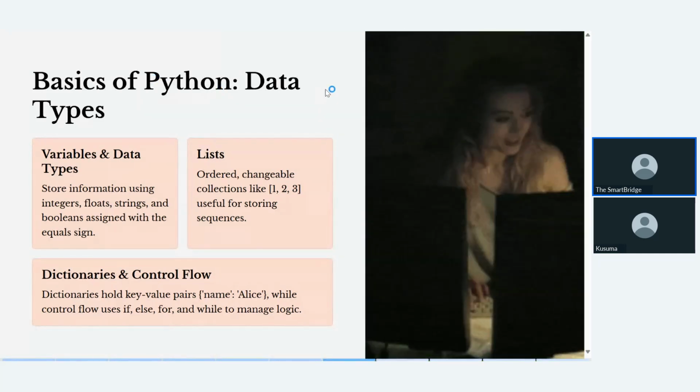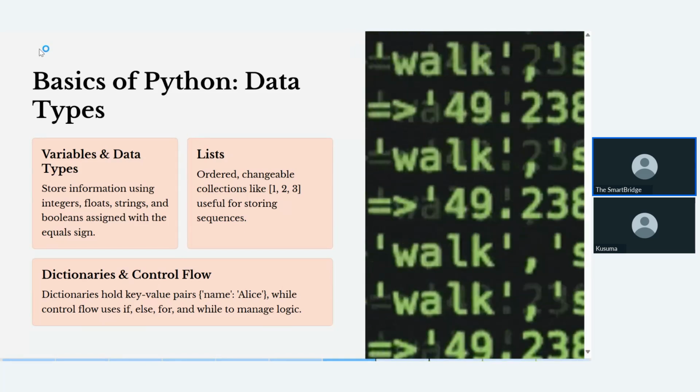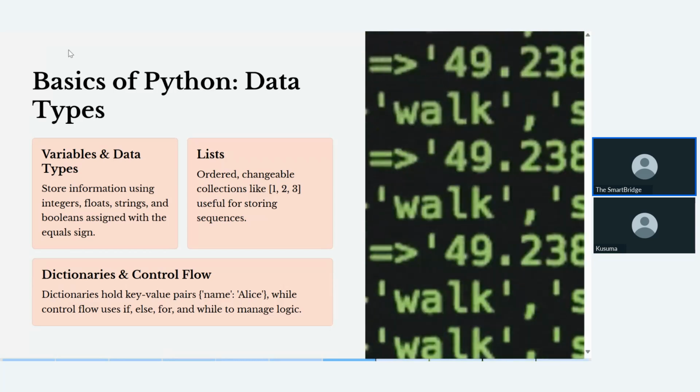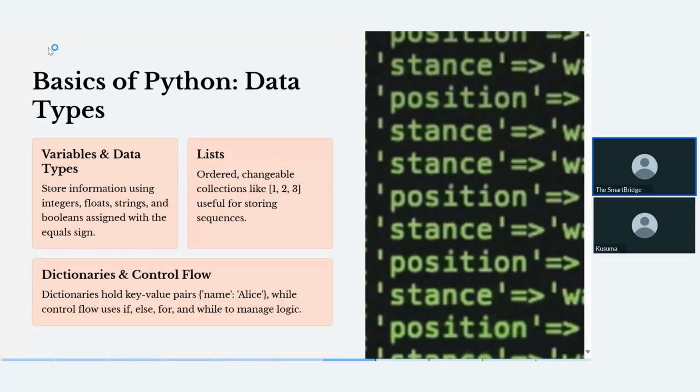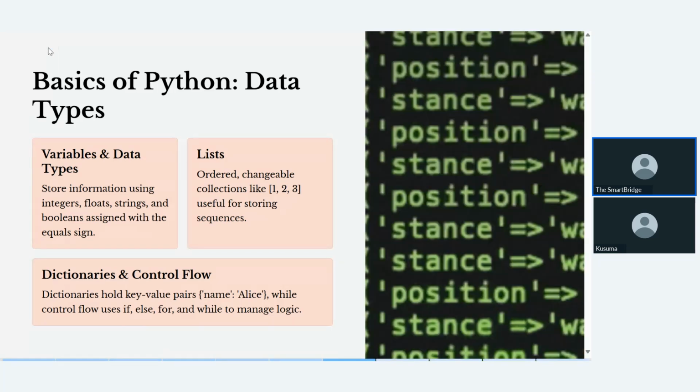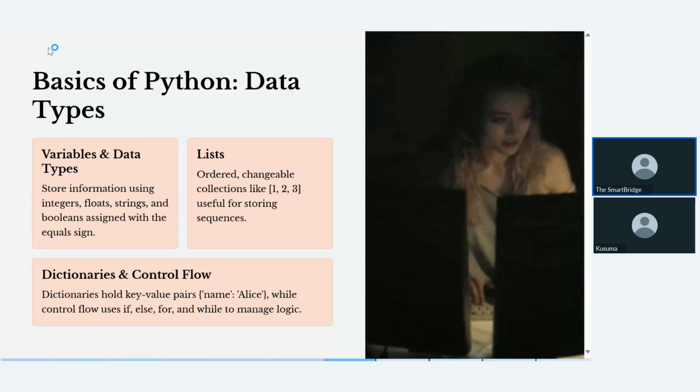So we'll be understanding the basics of Python. What are the data types we'll be having? What are the variables? What are the lists, tuples, and everything? I hope you all know about data types, for loops, while loops, conditional statements, and looping statements.